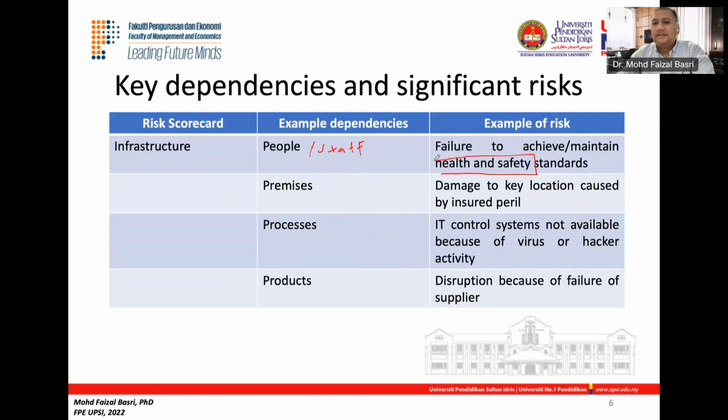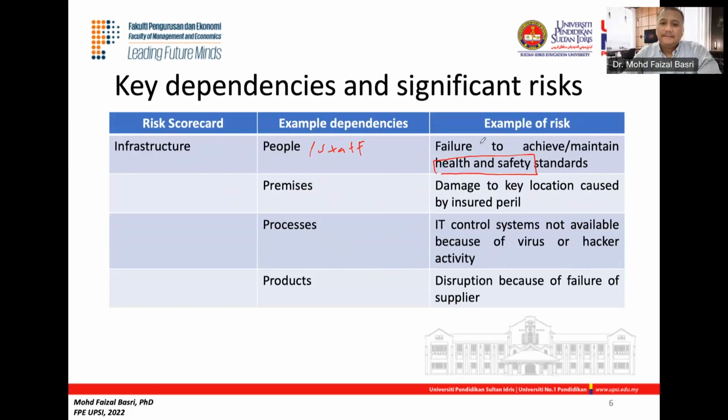If your organization is a manufacturing company and your staff procedures or SOPs are not strict enough to deter staff from not wearing safety helmets, for example, then there are risks relating to maintaining or achieving health and safety standards.